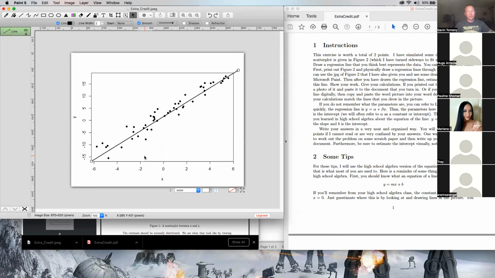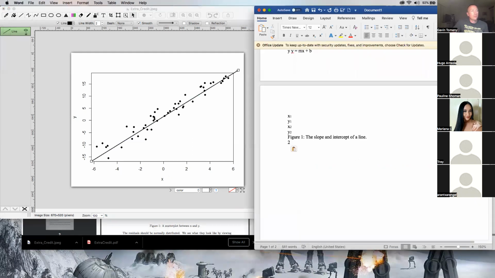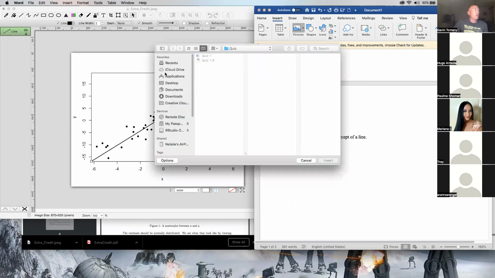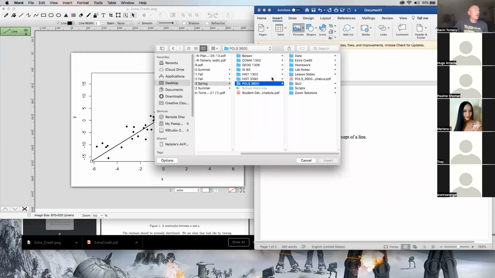I just looked up a Paint website, literally just Paint, clicked the first link, and uploaded the screenshot, and that's how I drew my regression line. With Microsoft Word, you should be able to just insert picture from file, and then find the file and select it.